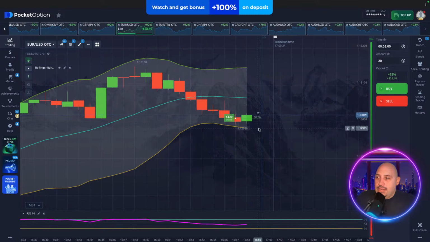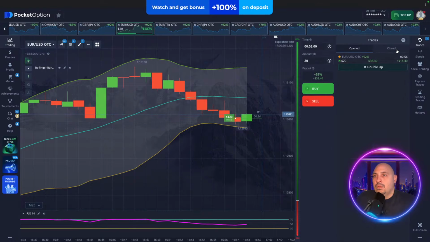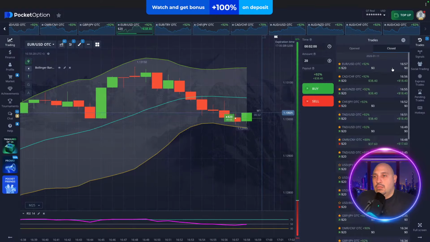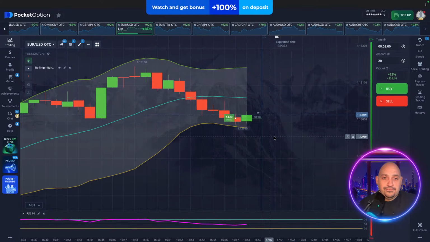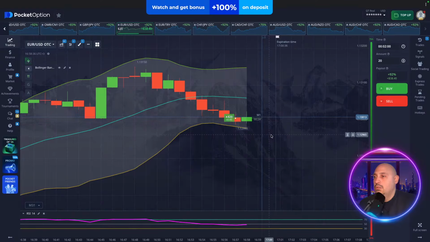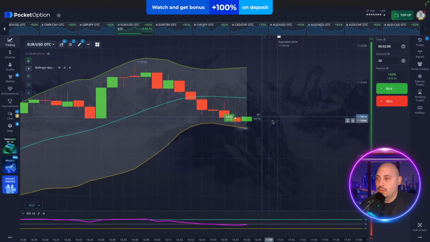One minute left. Looks good for now. 92% return, if it goes exactly as we want it to go. Creating another red wick. Wow.